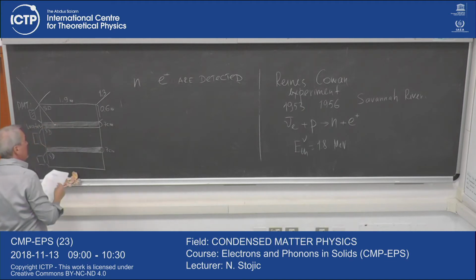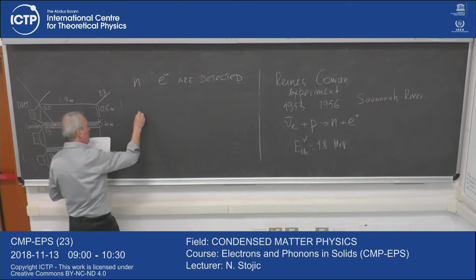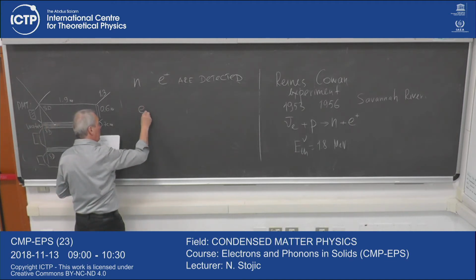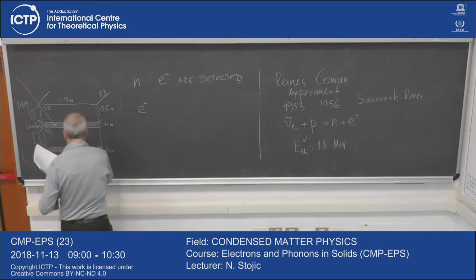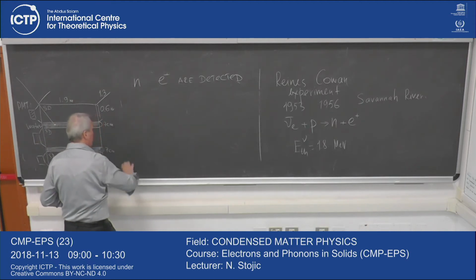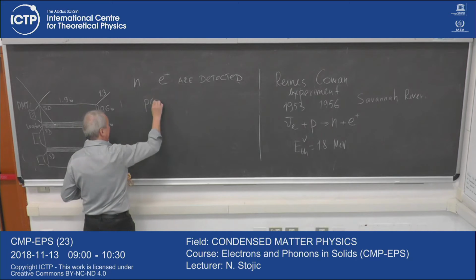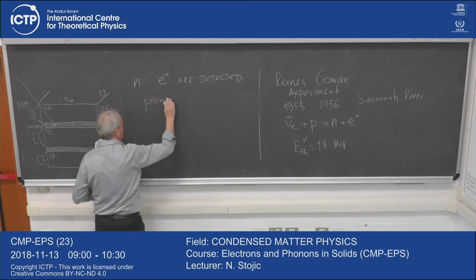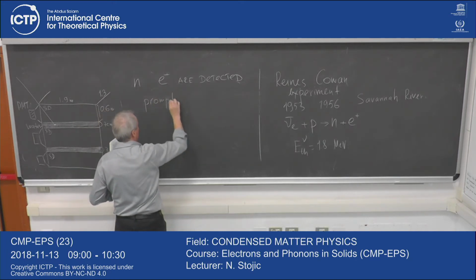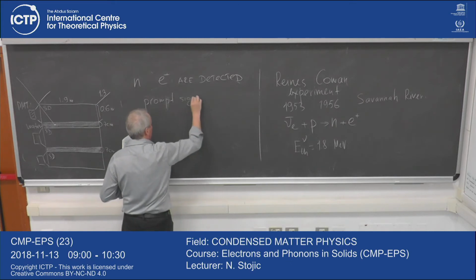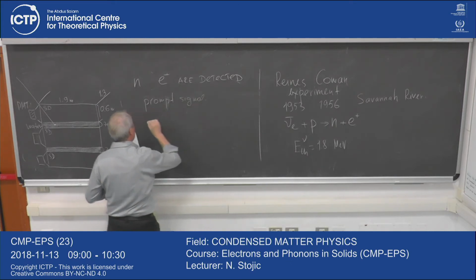So the signal consists of the following two elements. One is from the positron, the prompt signal, produced by the positron.